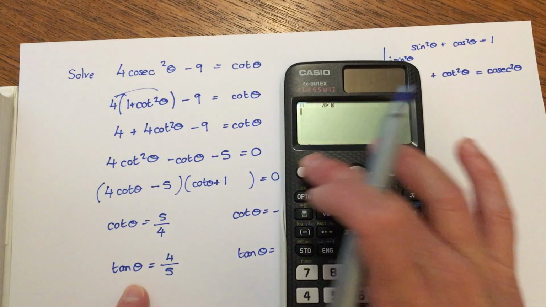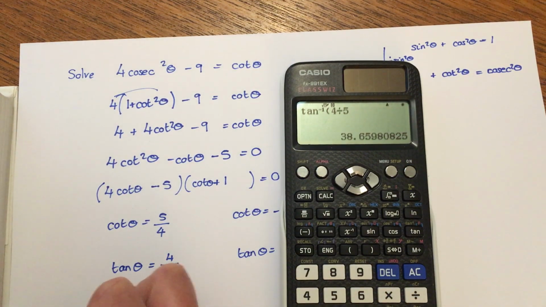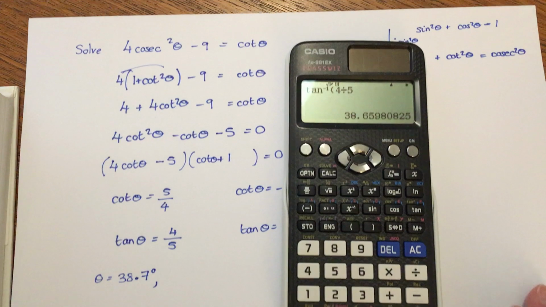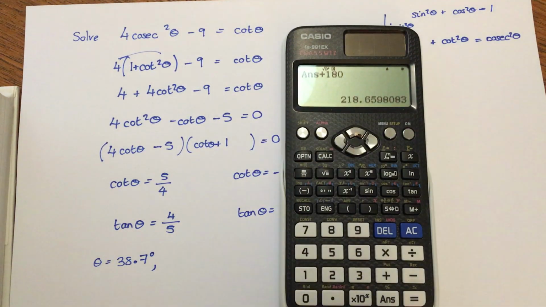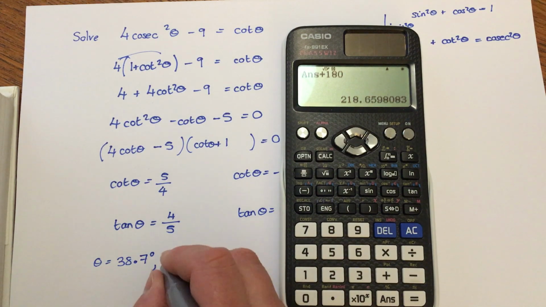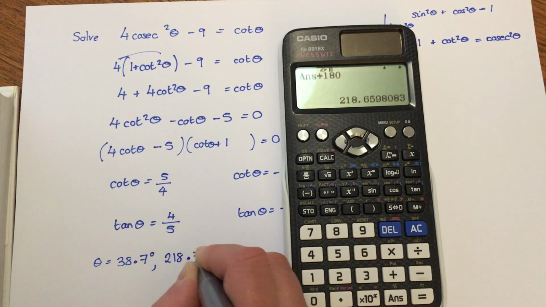So if we inverse tan 4/5, we get 38.7. Remember, for tan, to find your other solutions in the range, you just add or subtract 180. So I'll say let's go from 0 to 360. So you get 218.7.